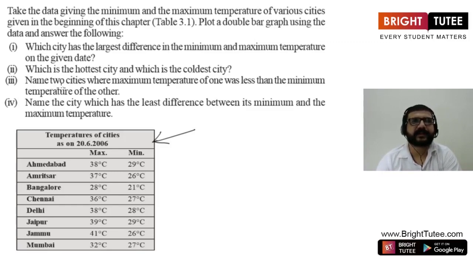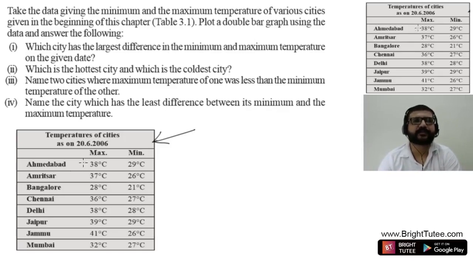And then we have to name two cities where the maximum temperature of one was less than the minimum temperature of the other. And then we have to tell the city which has the least difference between its minimum and maximum temperature. So now first of all, we have to use this data and form a double bar graph.